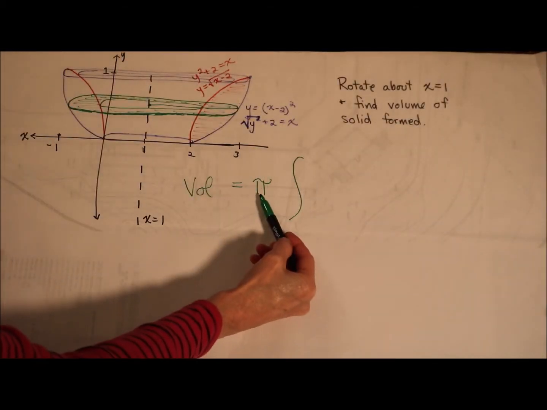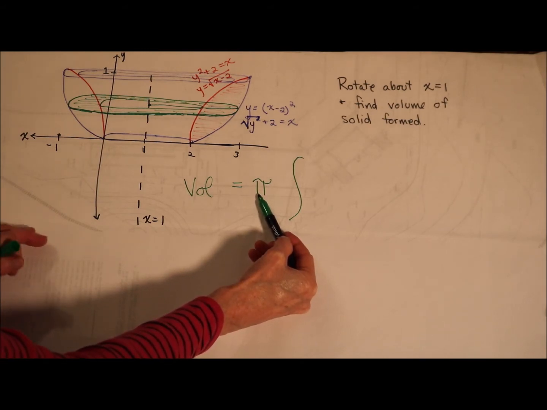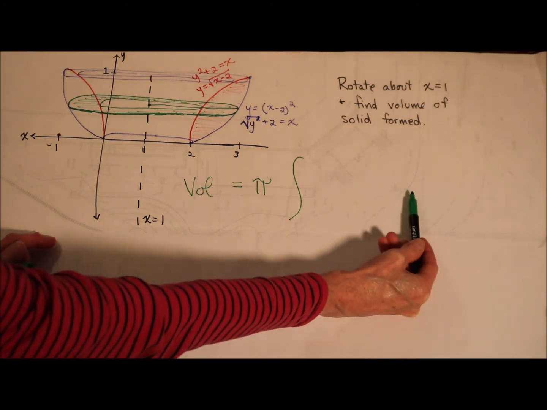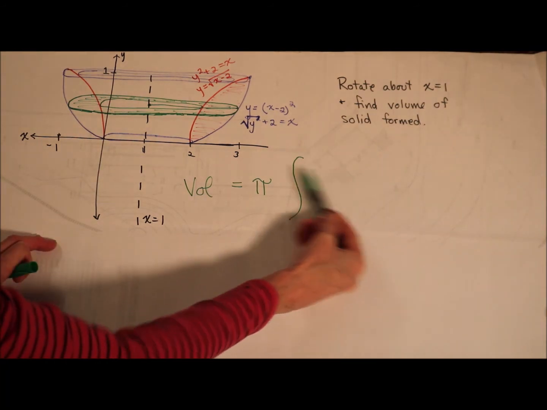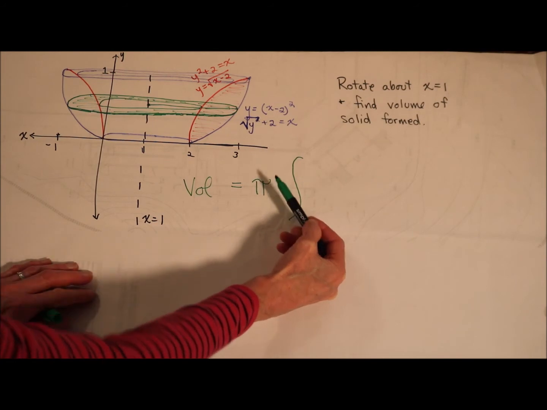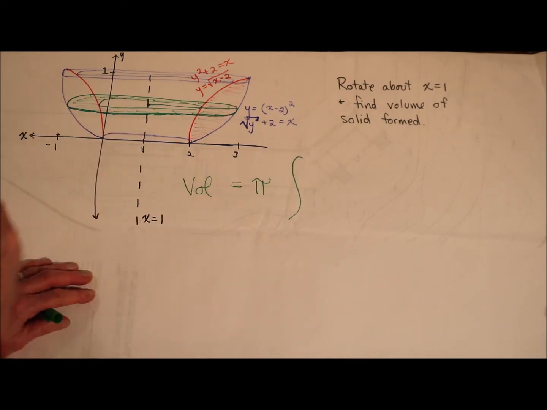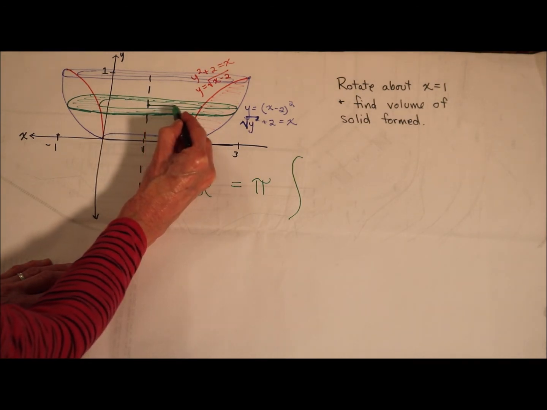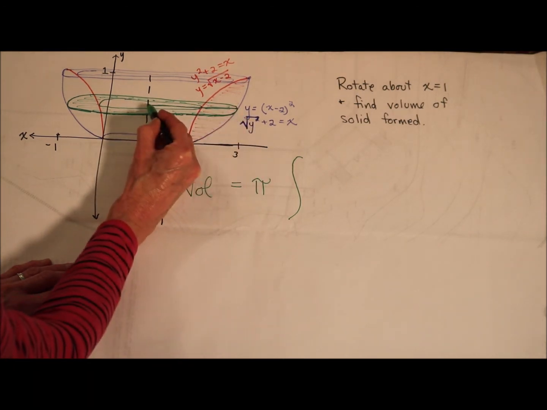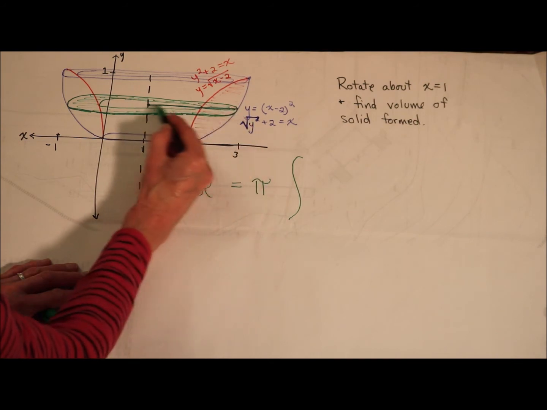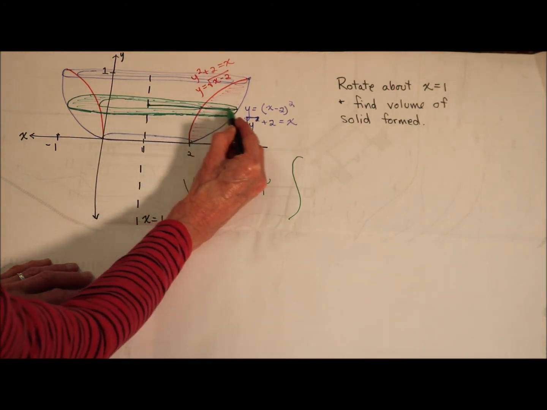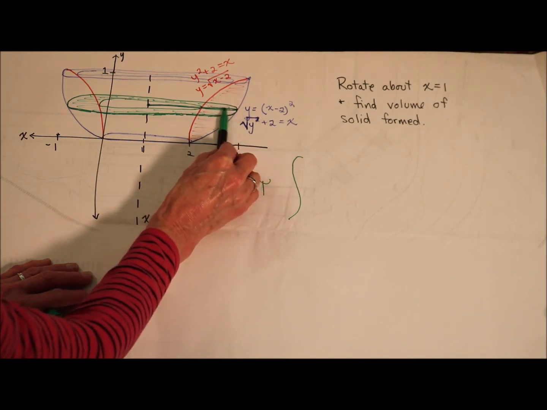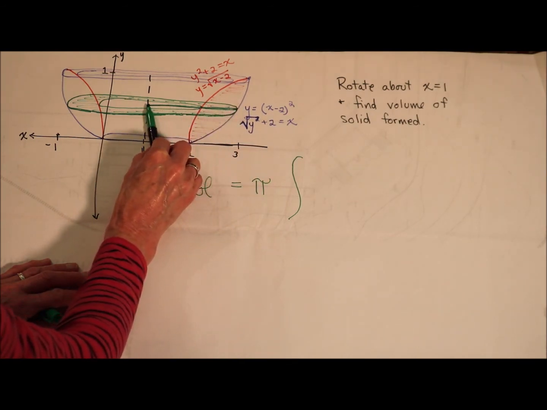I'm starting off by factoring out the pi, because my big circle will be pi r squared and my little circle area will be pi r squared. I am going to find the area of this big circle, which means I have to find its radius. The easiest way to do that is to think: it's the right-hand curve minus the left-hand curve.